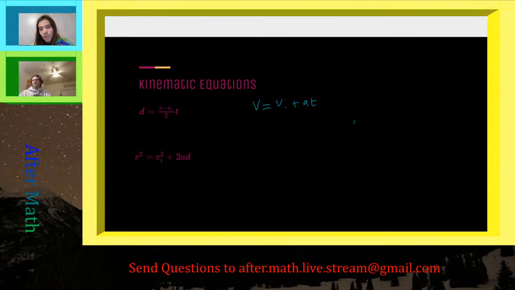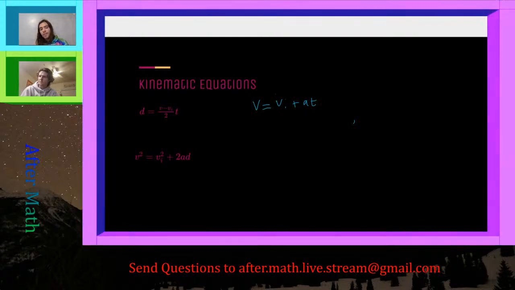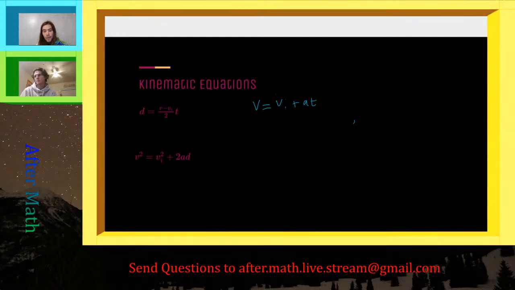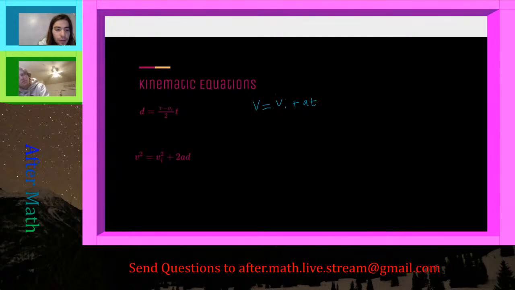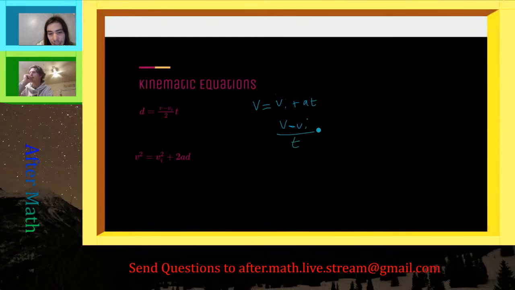So let's say we know a velocity at a certain point, but we don't know its acceleration. We can rearrange this velocity equation to solve for A, and we get V minus VI divided by T equals A.